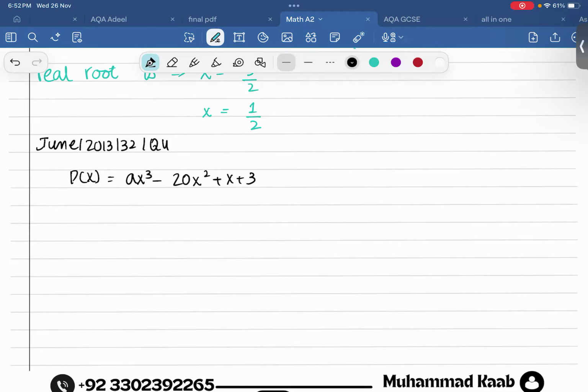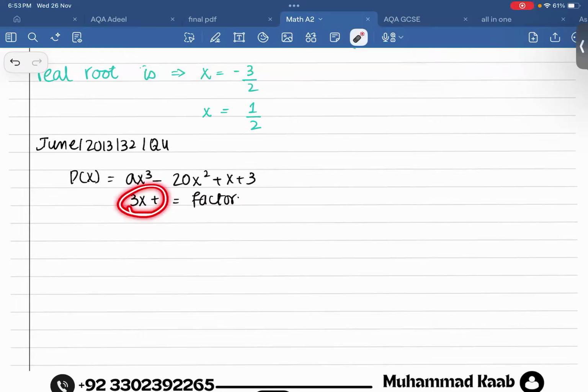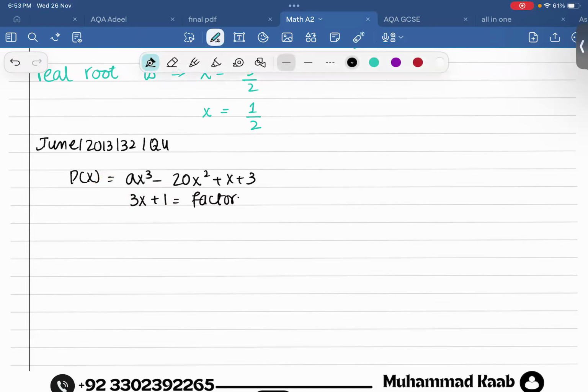And they're saying it is given that 3x plus 1 is a factor, okay? This is a factor, right? What does this mean? When you equate this thing equal to 0, find the value of x and put that back into the polynomial, the overall answer would be 0, right?